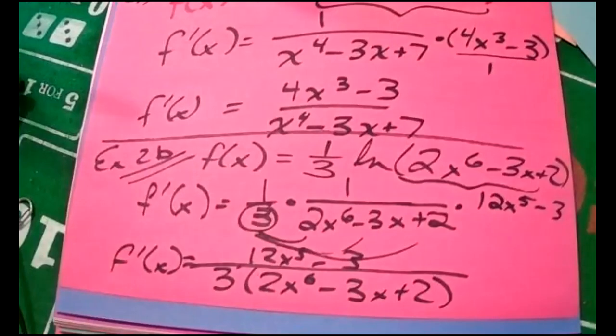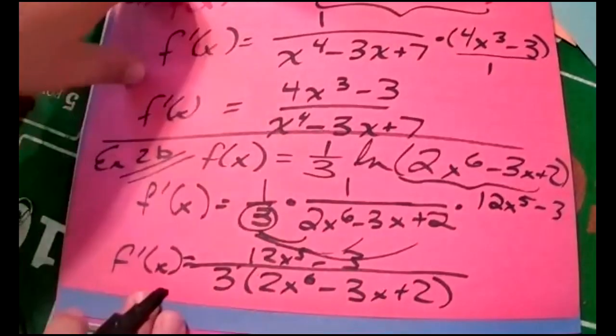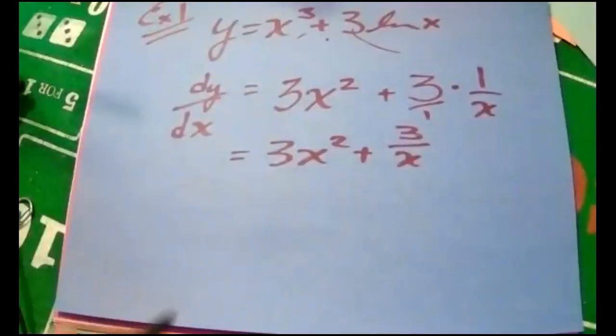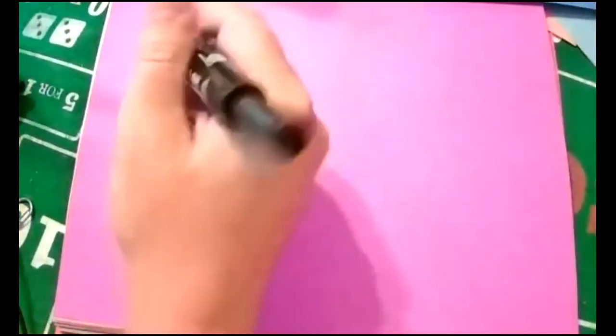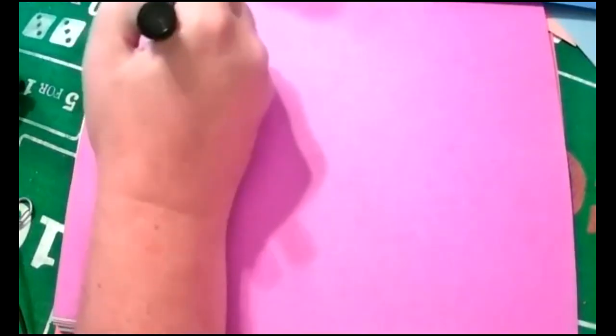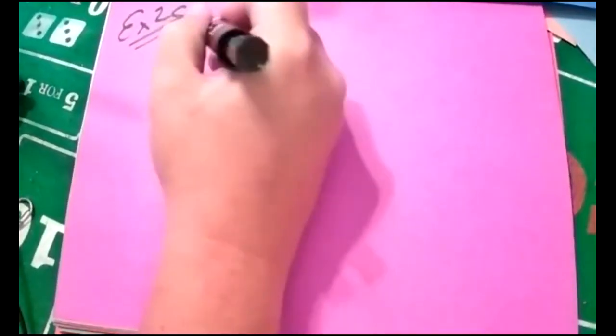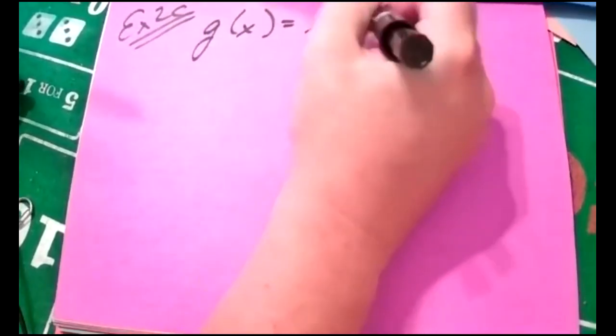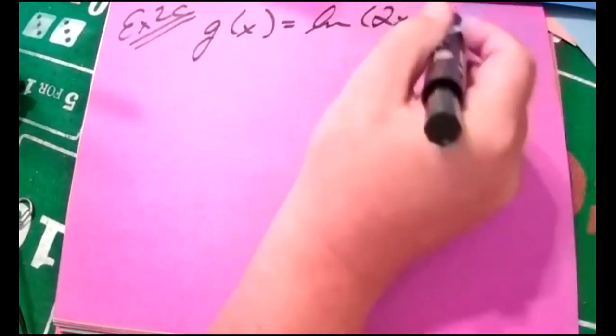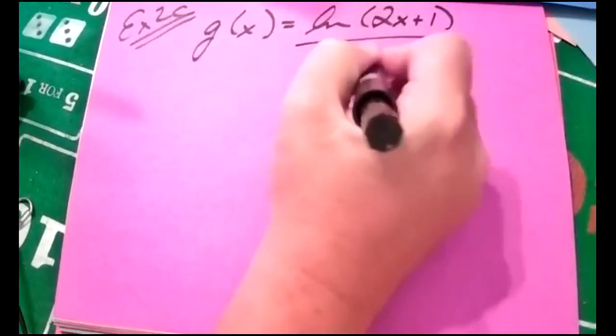Our next example, 2c, turns out looking like a fraction. Let me show you what I mean there. Example 2c is going to be g of x equals the natural log of 2x plus 1 all over 2x plus 1.